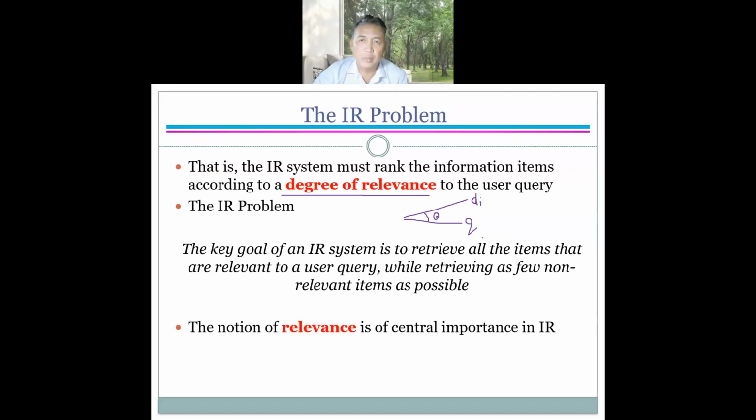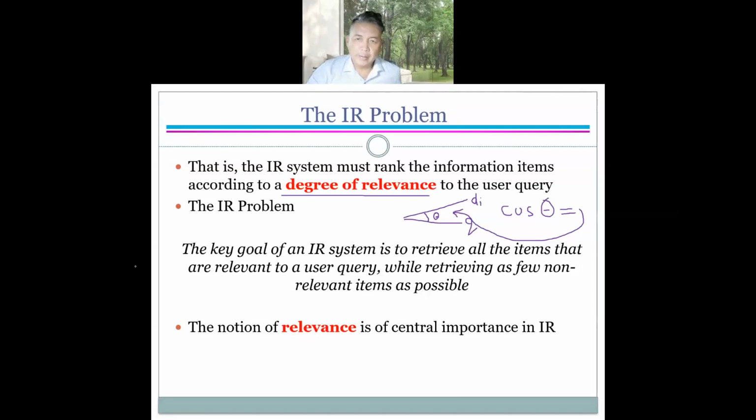The formula that we will be using is the cosine function. The cosine function will measure how small the gap is. If the query and the document are very similar, the angle will be very small.